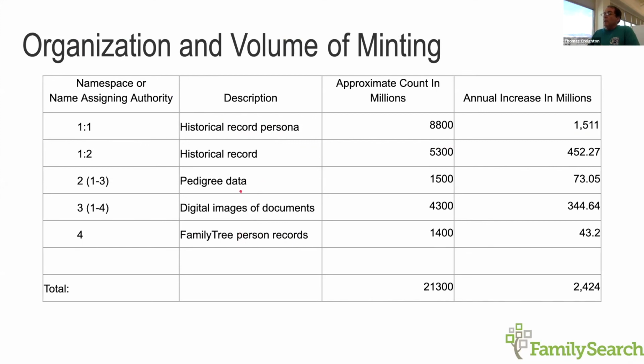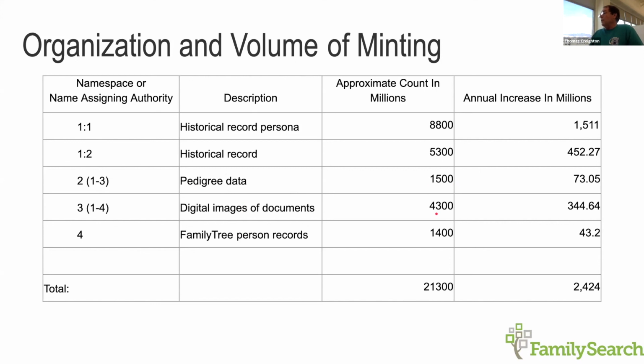In addition, we have a number of uploaded personal pedigrees, and each one has personas, and each tree also has its own ARK, and that's running around 1.5 billion right now.